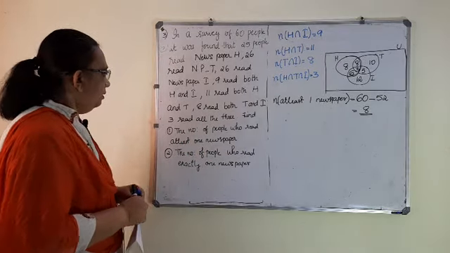So N of F is 50, 20 speak Spanish, and 10 people speak both the languages. How many speak at least one of the two languages? That is N of S union F, Spanish or French.